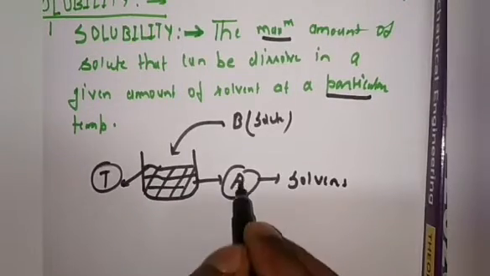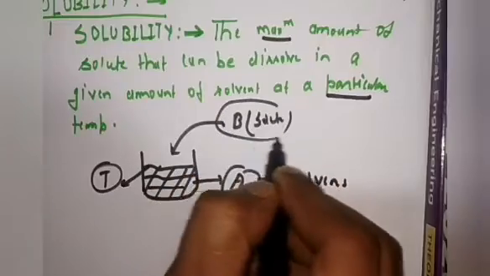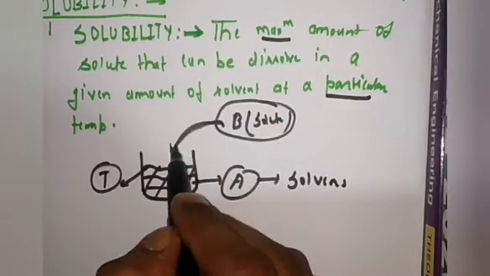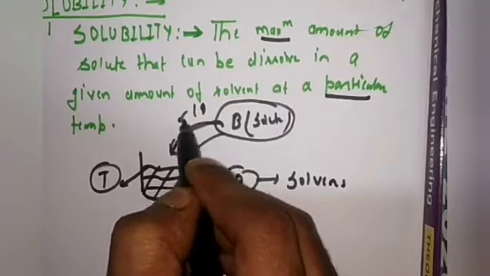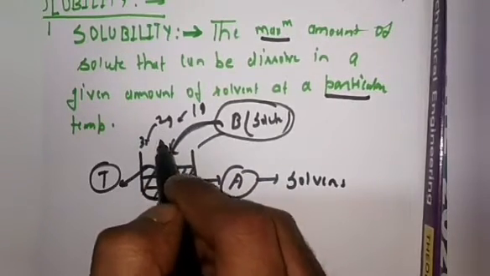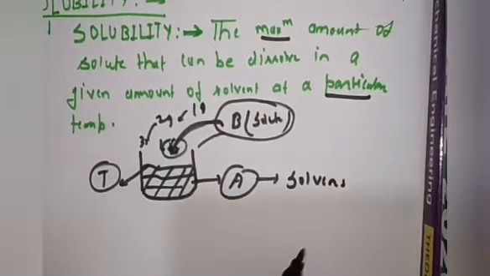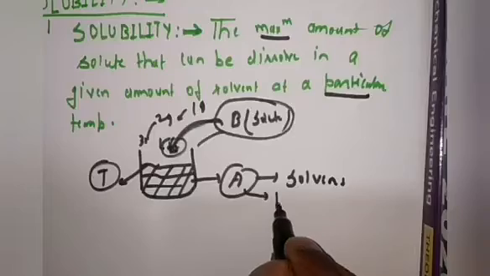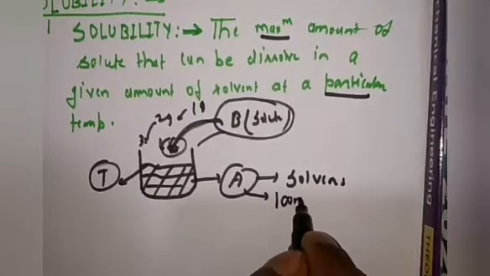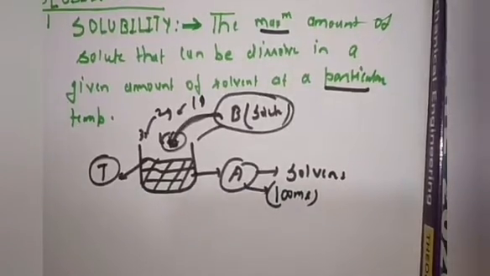Then understand what the actual meaning of solubility is. You are going to add B continuously. Initially you add 1 gram, again 2 gram, again 3 gram, again 4 gram. Let us assume the amount of solvent I have taken is 100 ml.